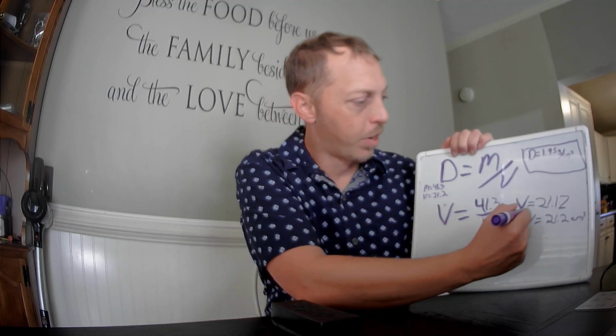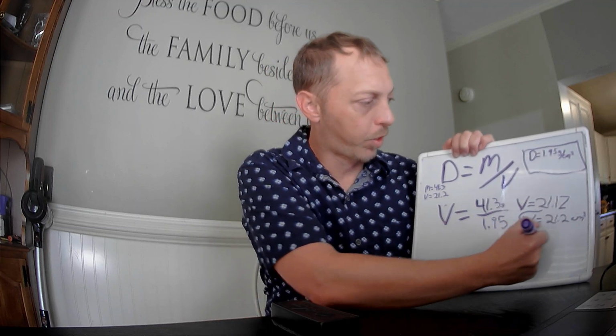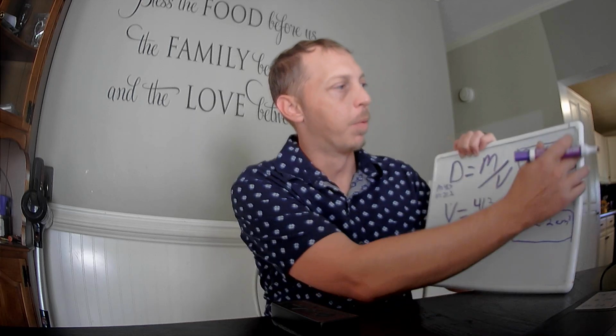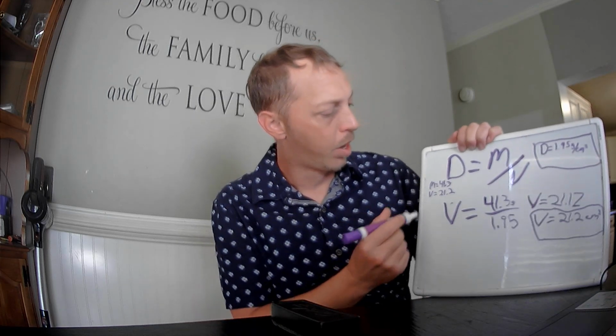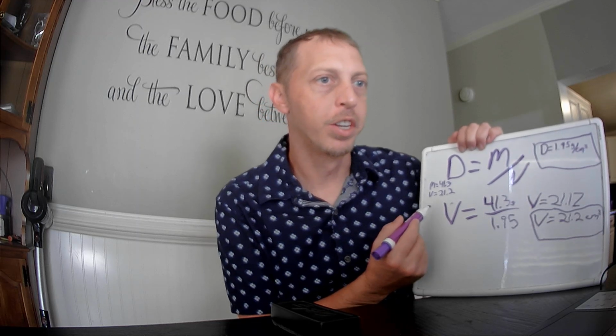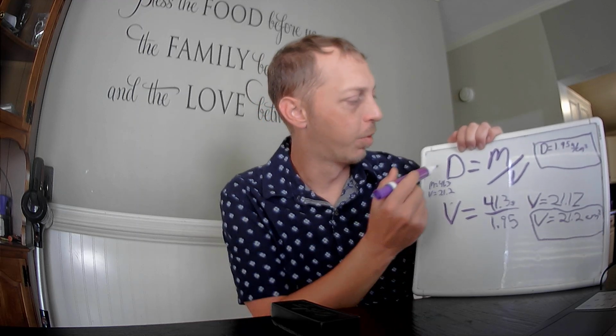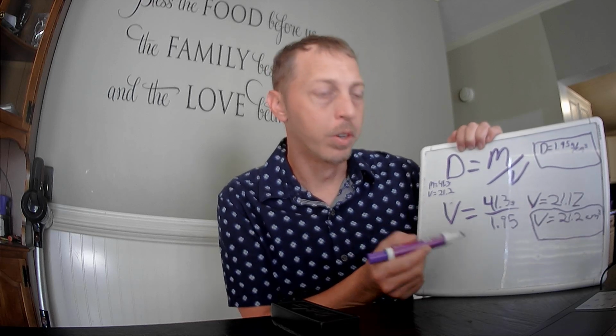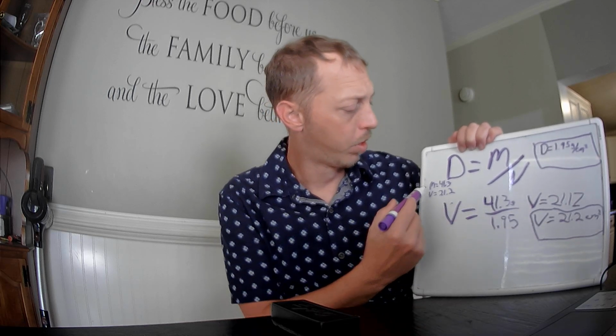All right. So when I move this equation around, no matter how I did it, I have my volume written here from the equation I did earlier when I was trying to find the density. So it's 21.2. I ended up with 21.2.